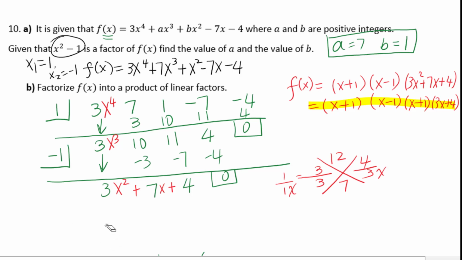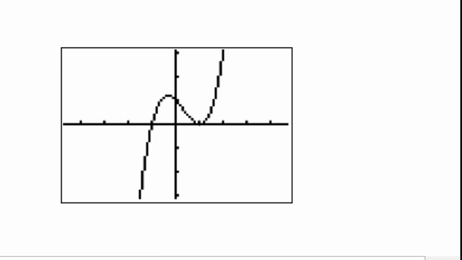We can also use a graphing calculator to figure out this product of linear factors. First of all, let's analyze this graph. Suppose this is A, this is B. We know A and B are the roots of this f of x. When the graph bounces back at A, the graph has a factor of x minus A to the even power.